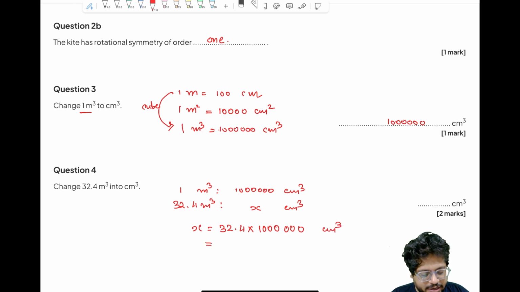But if you write it in numbers, without the decimals, it will be 324 and then 5 zeros, 1 2 3 4 5, these many centimeter cube. So it's 324 followed by 5 zeros. Clear?